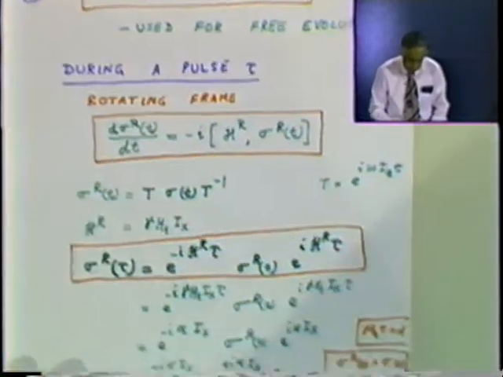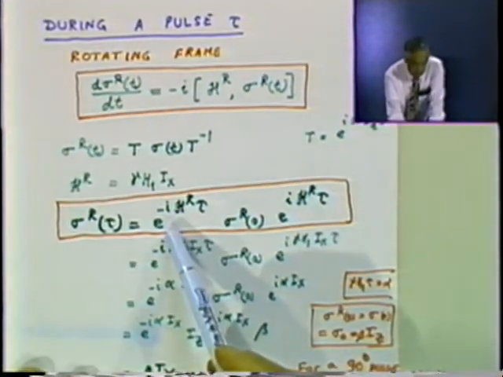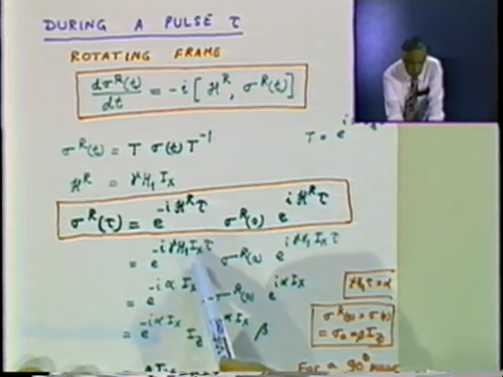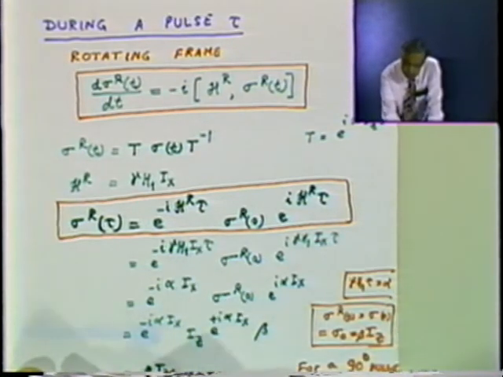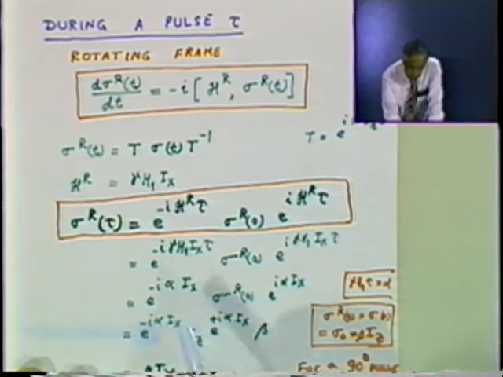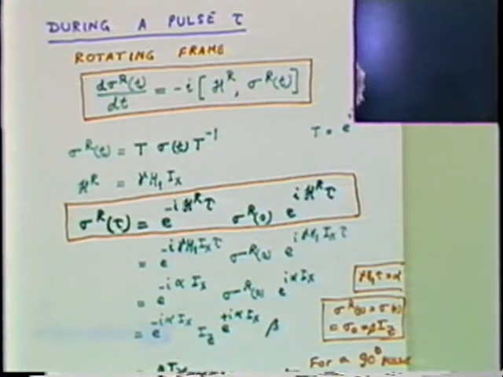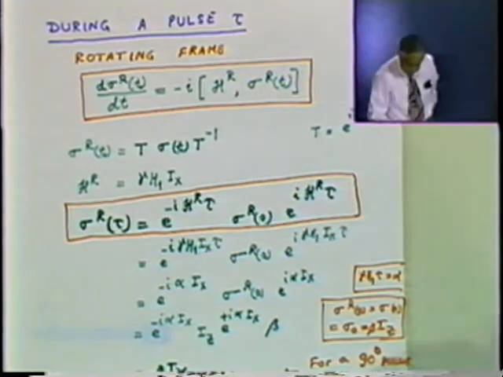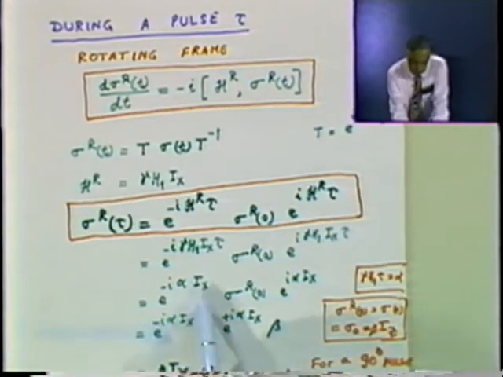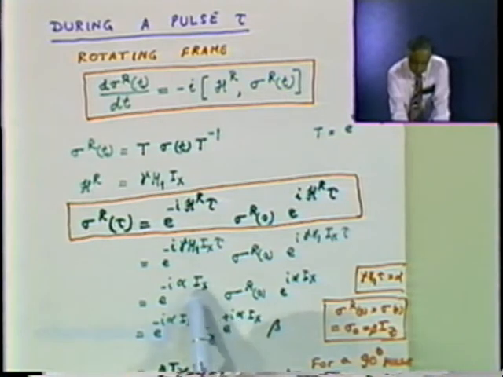Okay, and then the rotating frame Hamiltonian is gamma h1 Ix, and I substitute that, and then define gamma h1 tau is equal to the flip angle of the pulse, and that's what we did yesterday. I just write alpha for that, and it is still the same.